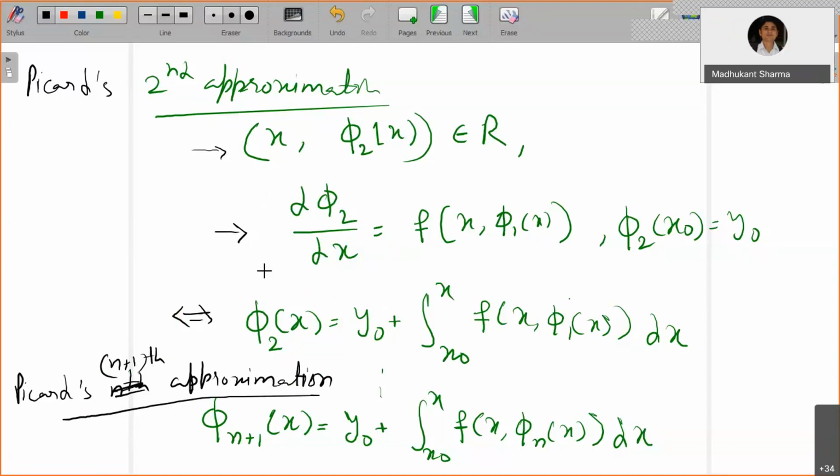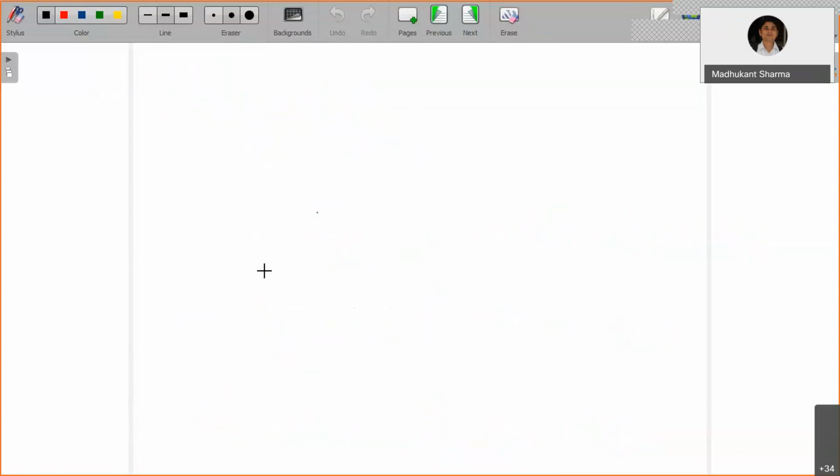We are not interested in that here; what we are interested in now is approaching the problem. So I just want to draw one or two examples where we will see that Picard's approximations are tending to the analytical solution of the given equation. Let's take one example.